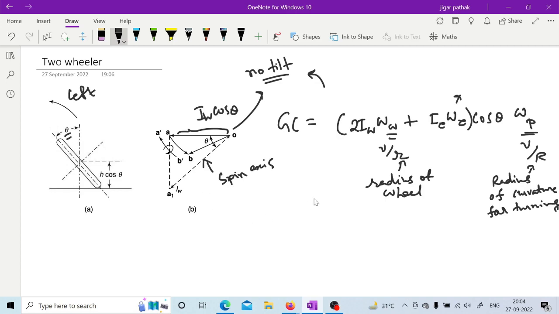Now what I was telling is, this omega e also, you can put it as v by r into omega w.